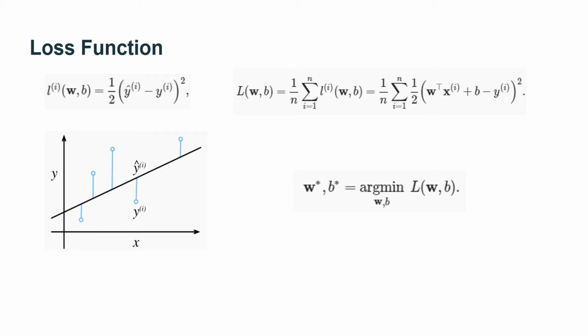As you can see, a large difference between the estimate and the observation leads to an even larger contribution to the loss due to the quadratic dependence. To measure the quality of a model on the entire dataset, we can simply average the loss on the training set.